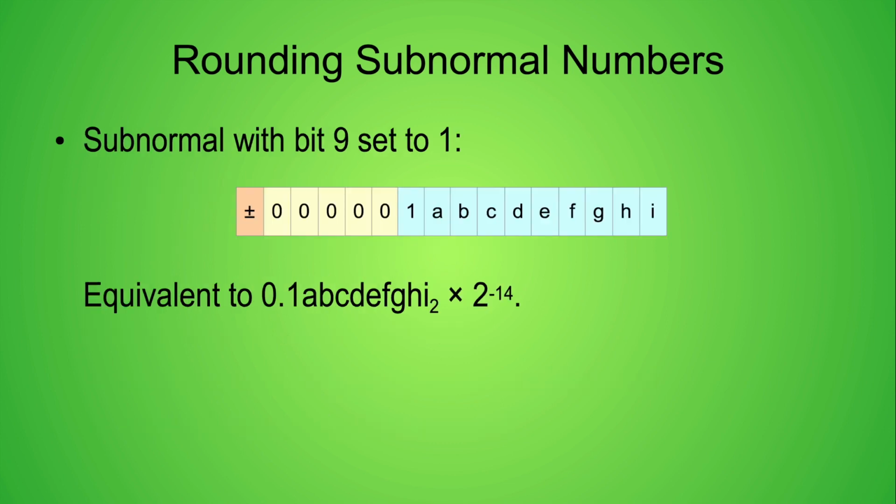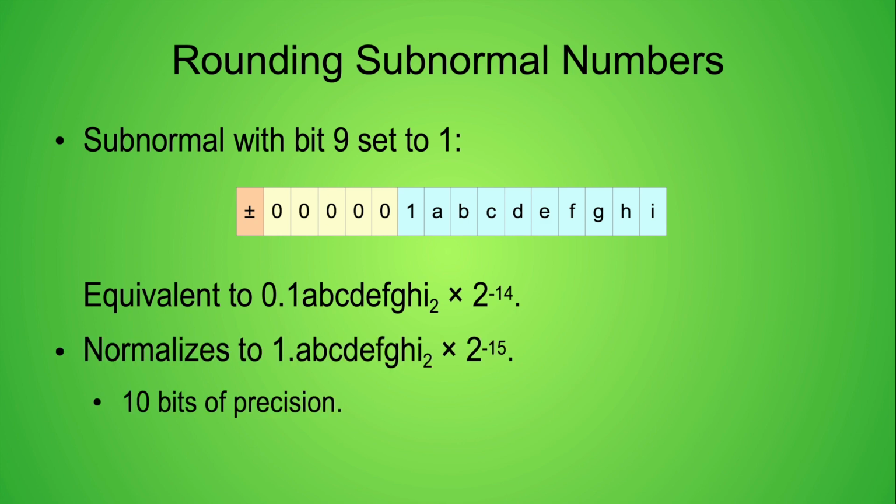A subnormal number reaches its maximum number of bits of precision when the most significant bit of the significand field is 1. This case is illustrated in the current slide. This information is taken from one of my earlier videos. When the FP class module extracts the significand from a subnormal number, it normalizes the significand, that is, it shifts the significand to the left until the most significant 1 bit is in the most significant position.